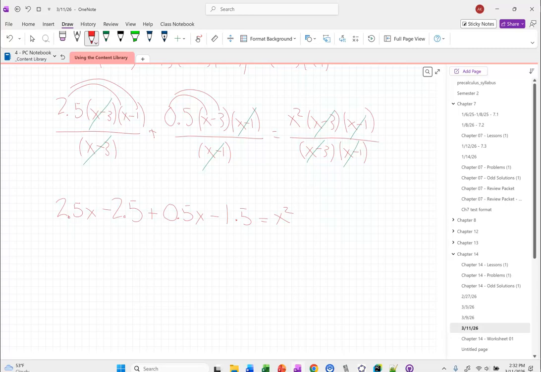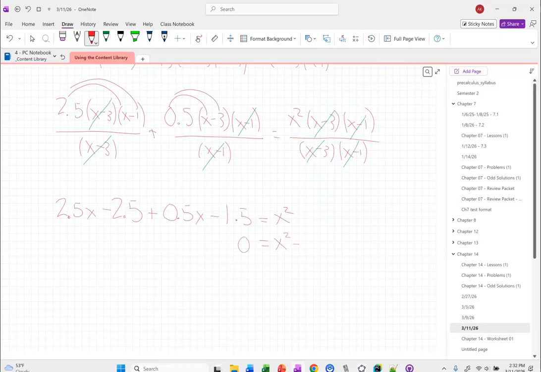You guys feel okay with what we got? What type of an equation is this now? Polynomial. How do we solve a polynomial? It's got to equal 0. So I'm going to move everything onto the side with the x squared because it's usually easier if the leading coefficient is 1, not negative 1.